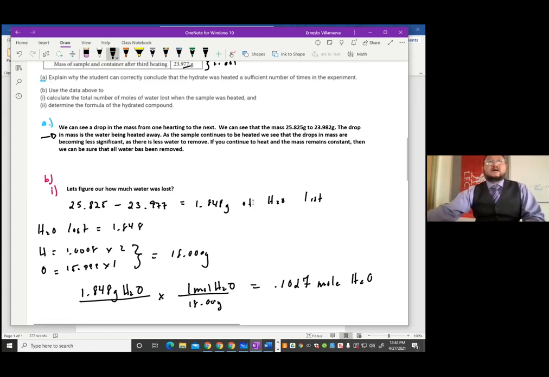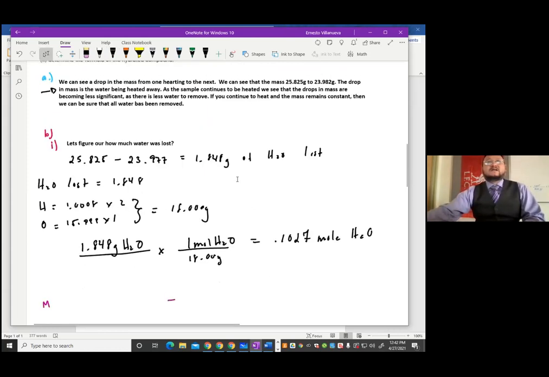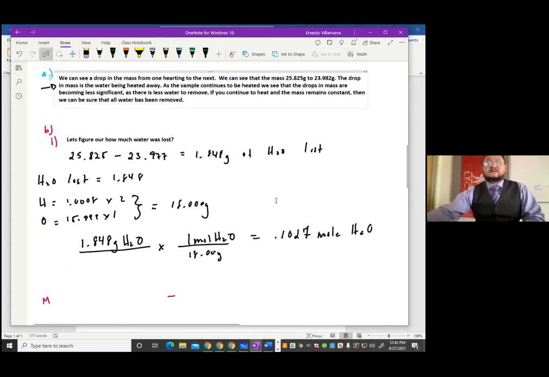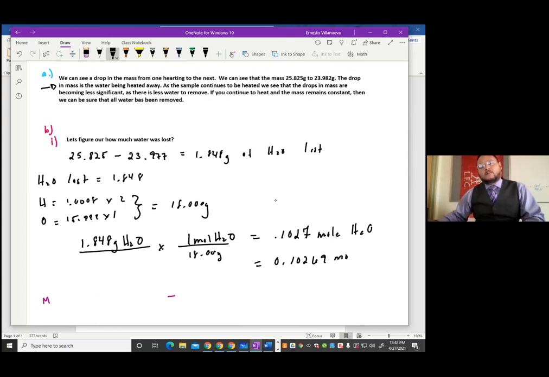Now, if we look at our question up here, our question is to 5 significant figures. So I'm going to rewrite this as 0.10269 moles of water.